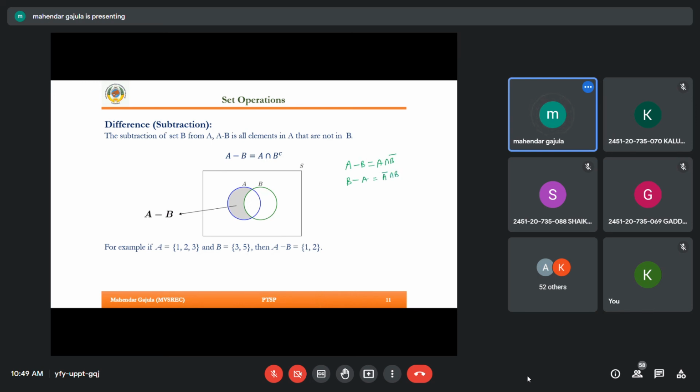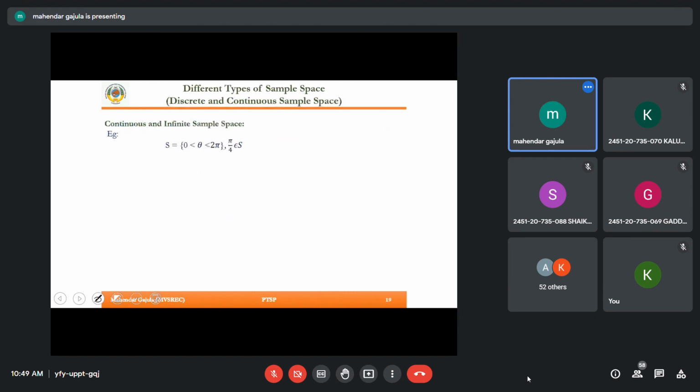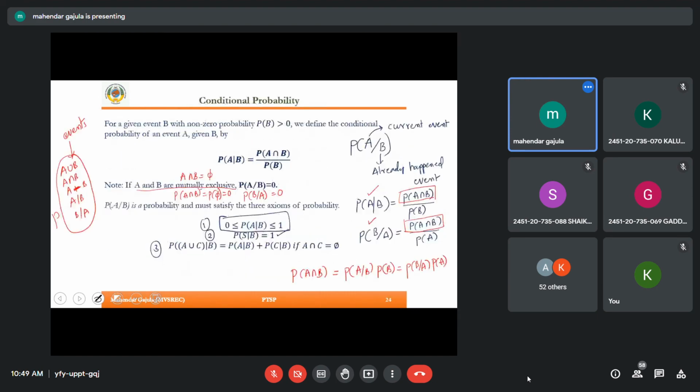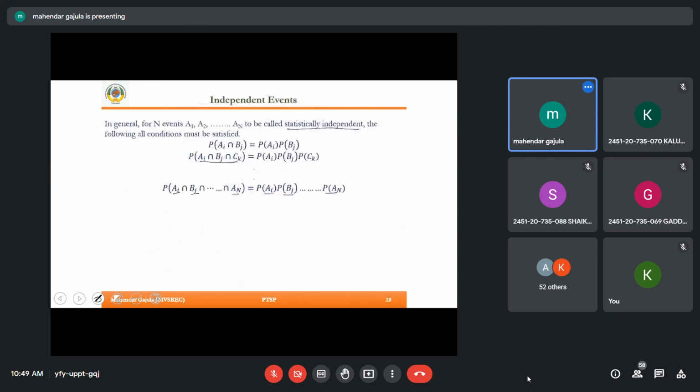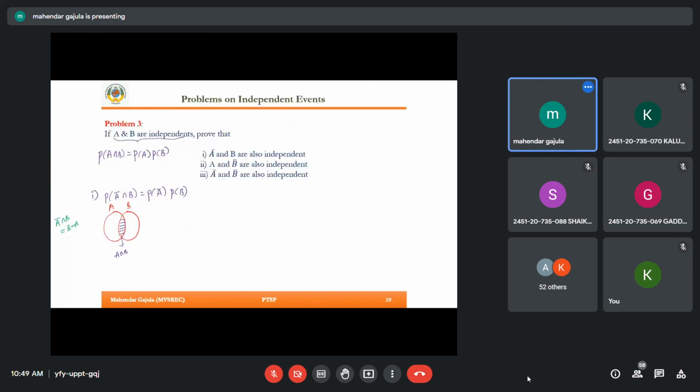Now, I am showing that it is A intersection B and A bar intersection B. Am I correct?